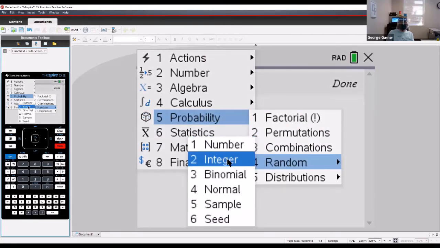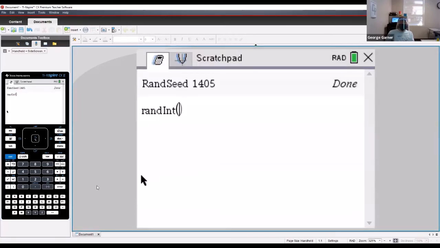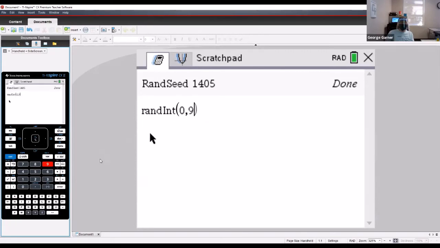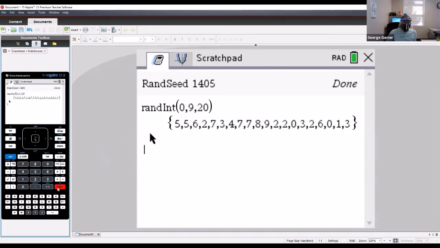Random number, choice number 1, will give you decimals, and we don't want that. We want whole numbers. So random integer: type in a 0, then a comma, which is the lowest, most left key, then a 9, so we get numbers from 0 to 9, and another comma, and we want 20 of them. Just hit enter.